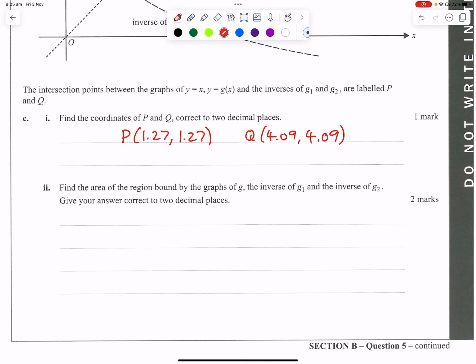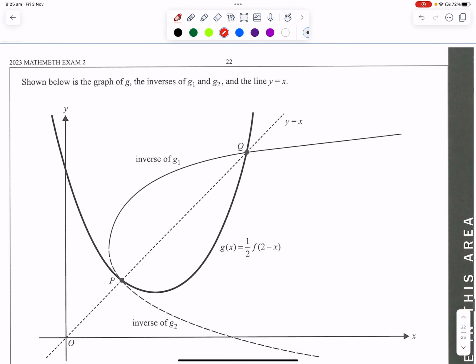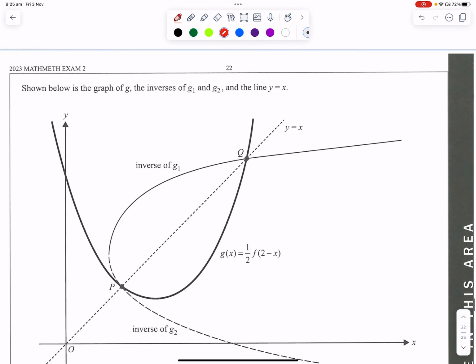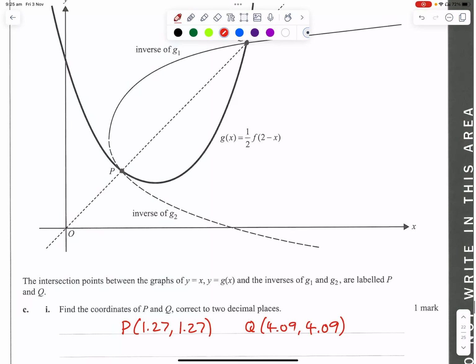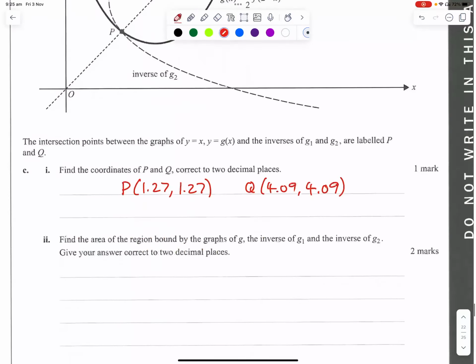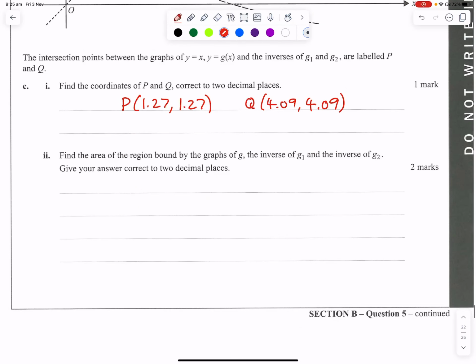Find the area of the region bounded by the graphs of g and the inverses of g, which is so it's just the area there. Okay.